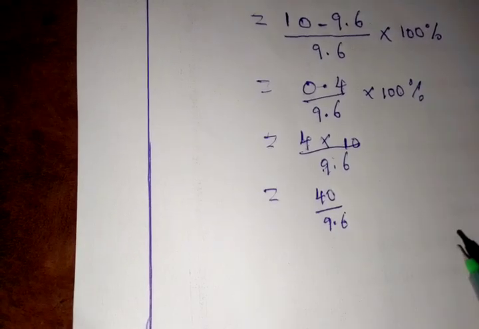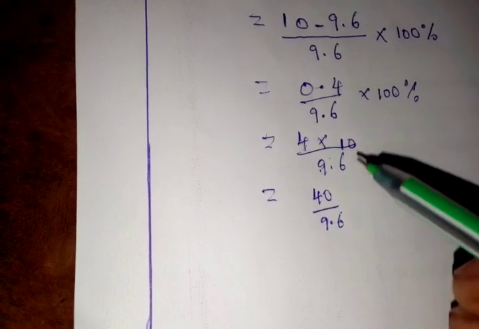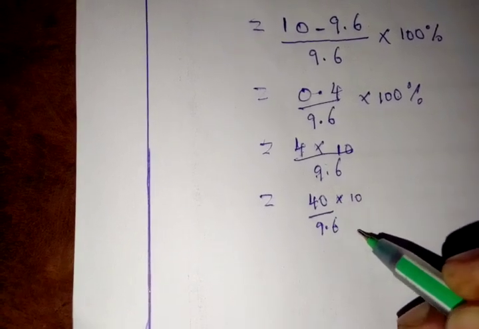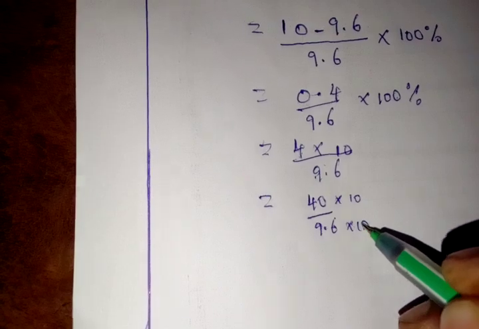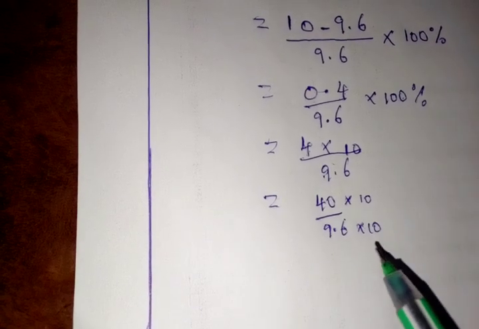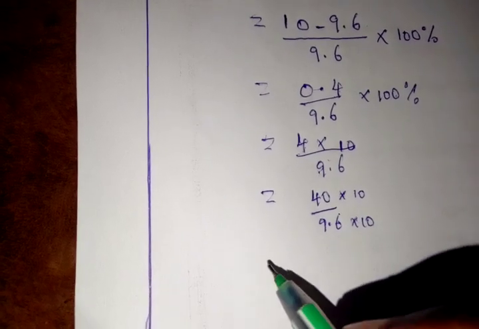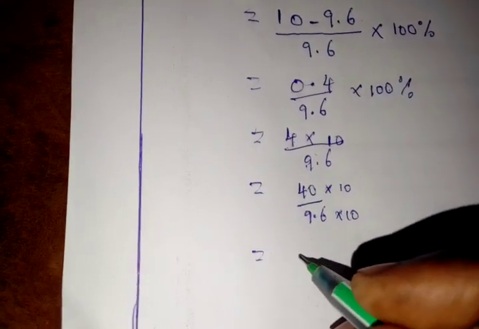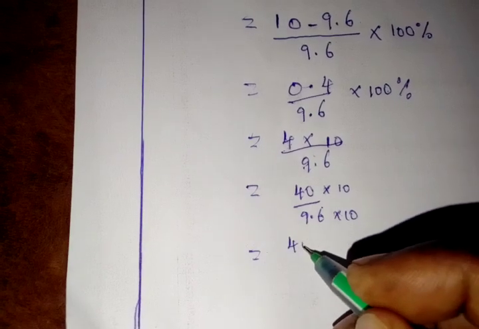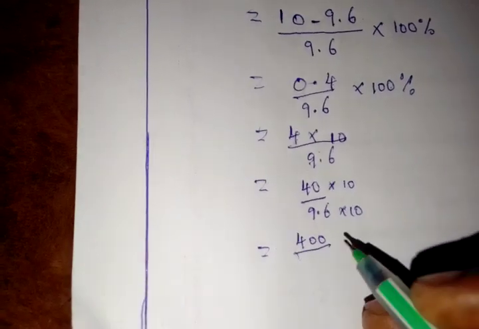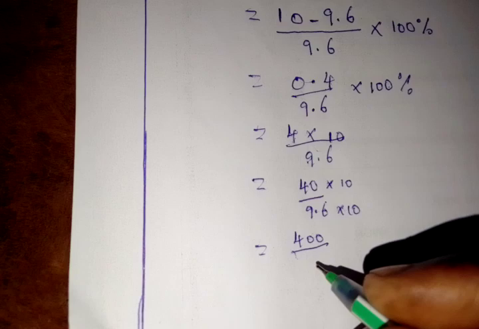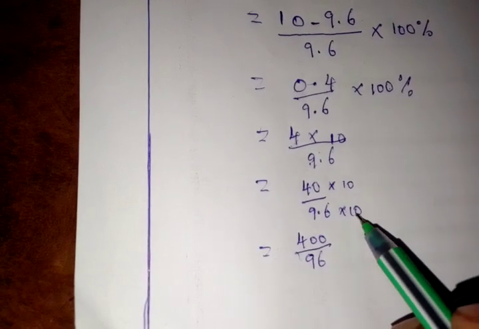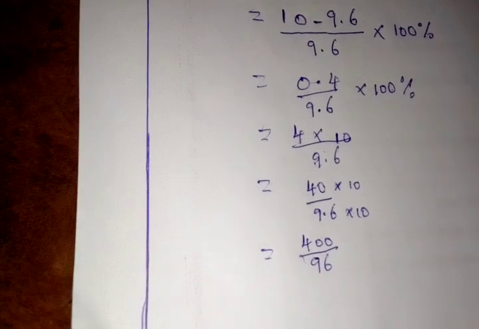If it had two decimal places, we would have multiplied by 100, but since it has one decimal place, we multiply by 10. Our interest is knocking down the decimals. So 40 times 10 gives us 400, over 9.6 times 10, which gives us 96. So the 0 is knocked down and the decimal disappears.